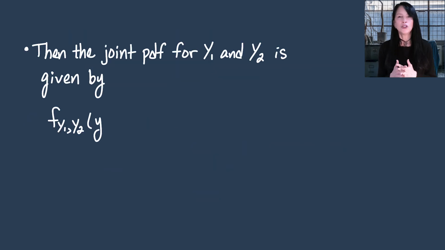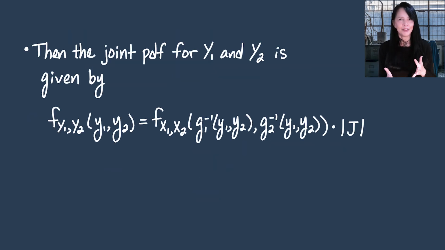Now, the joint PDF for Y1 and Y2 looks like this. If you recall from earlier in this video, when we had just a single x going through a function g and getting a single y, the PDF for y was the PDF for x with g inverse of y plugged in times the absolute value of the derivative with respect to y of g inverse of y. And you can see the analog here. The joint PDF for y1 and y2 is the joint PDF for x1 and x2 with the two inverse functions plugged in.